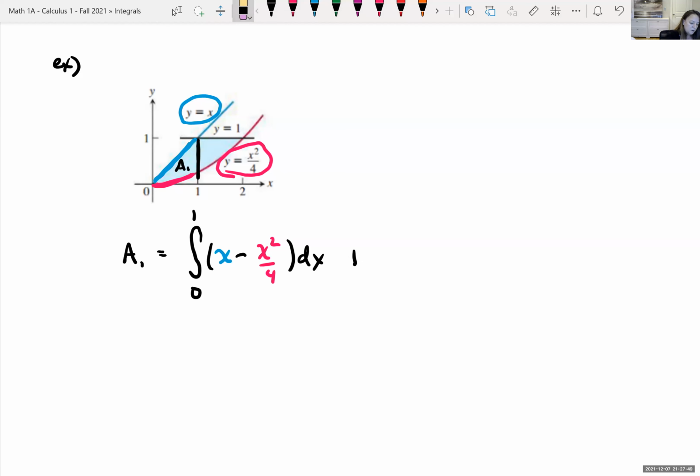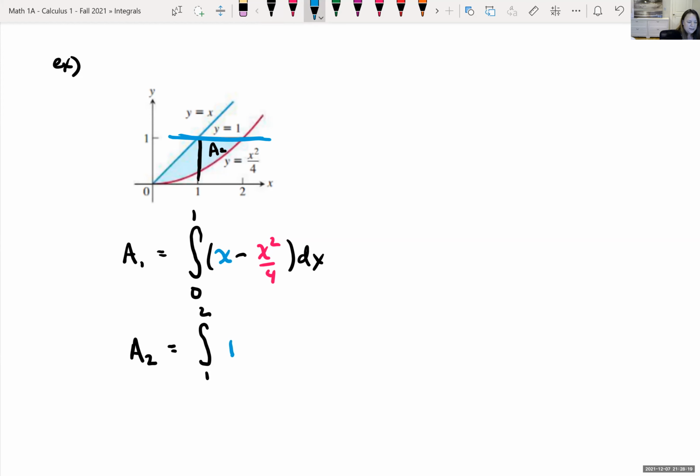And so then I also want to add the area underneath the curve from 1 to 2. So looking at this area from 1 to 2, notice in here, this is bounded between 1 and 2. Our upper curve is the line y equals 1.